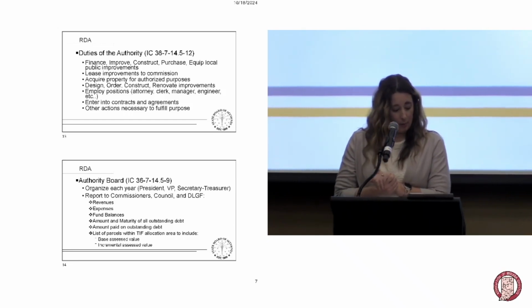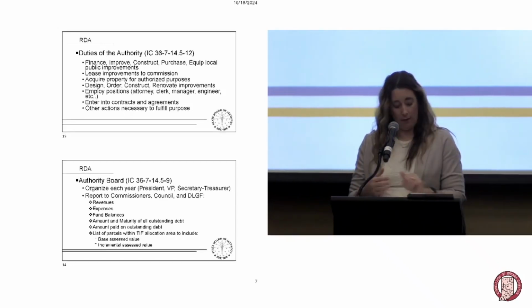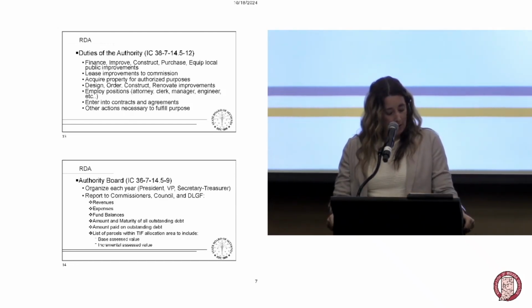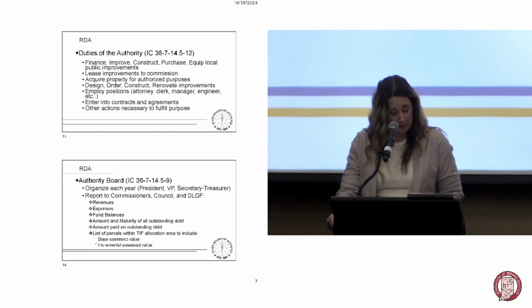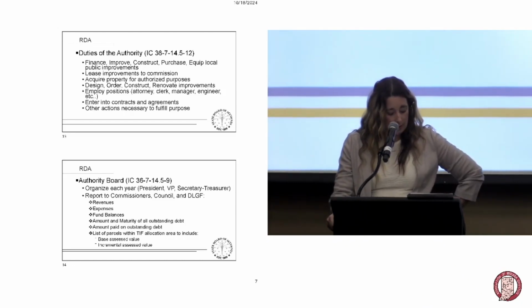They can condemn, appropriate, lease, rent, purchase, and hold any real or personal property needed that's considered useful in connection with that improvement. They can acquire real and personal property by gift, devise, bequest, or hold, use, or dispose of the property for purposes that are authorized in this chapter.